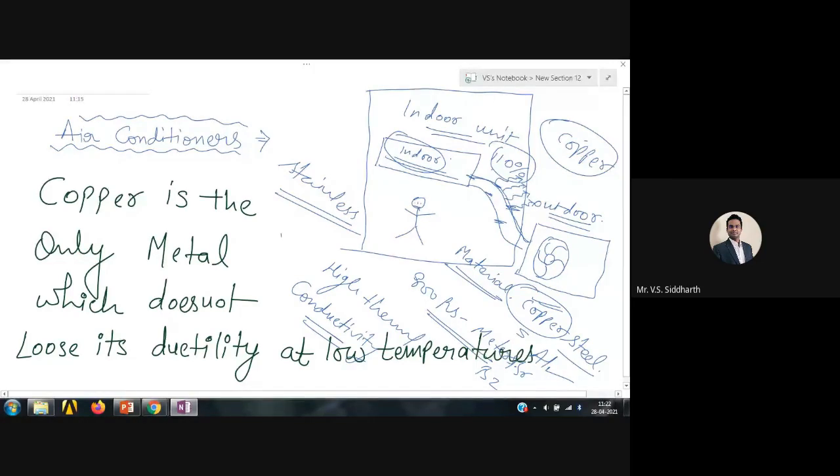Okay, so copper is the only metal which does not lose its ductility property at low temperature. All the other metals lose their ductility property.